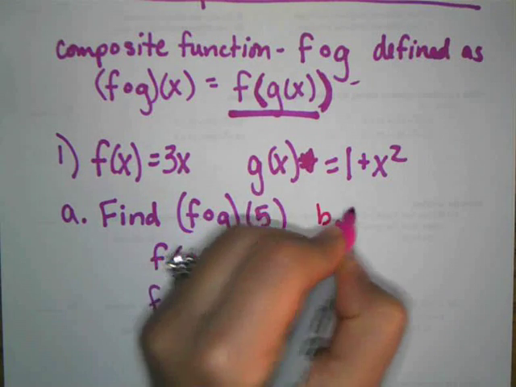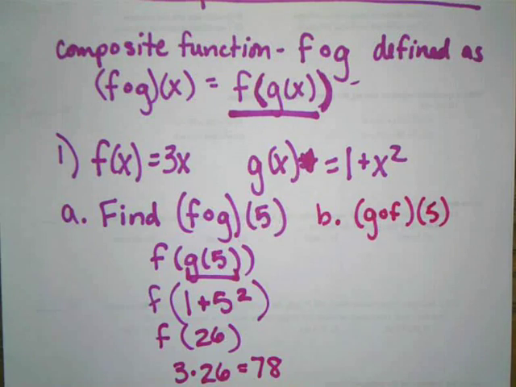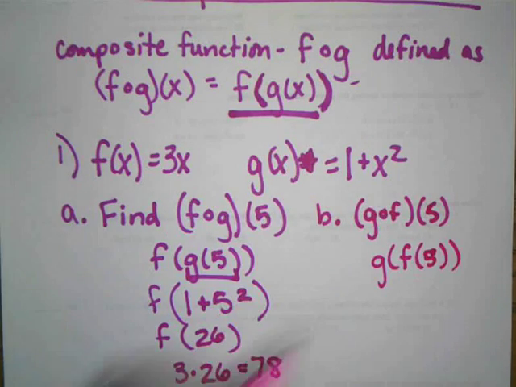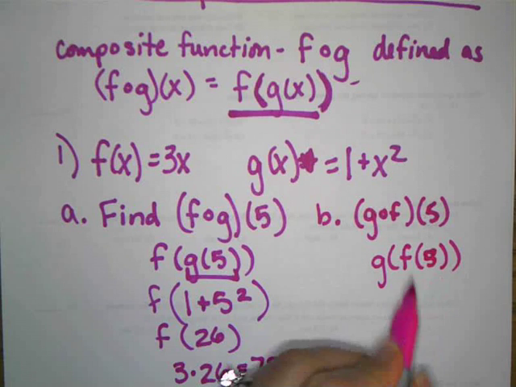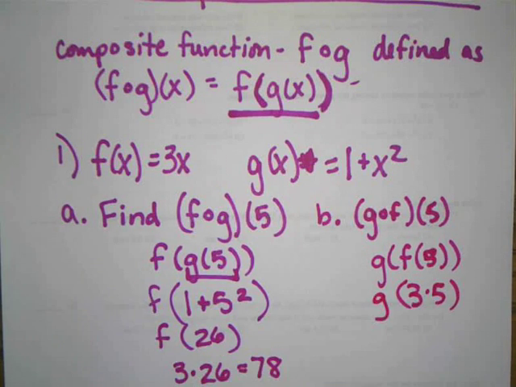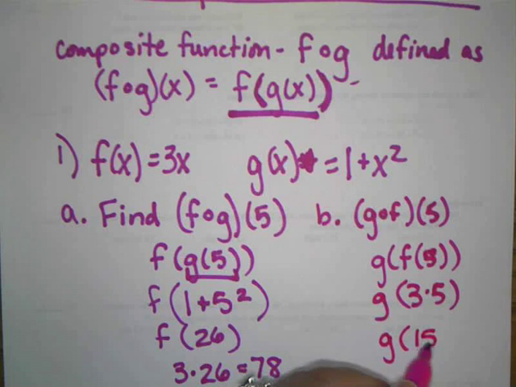Now if we were to go the other direction and find g of f of 5, we start with f of 5. So we have 3 times 5, and that's what goes inside of g. So 3 times 5 is 15.